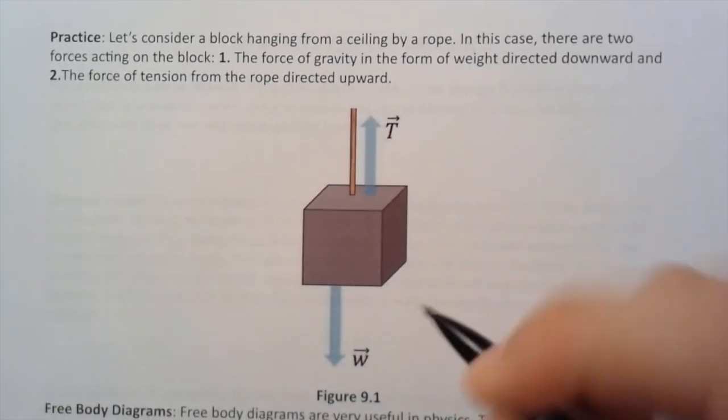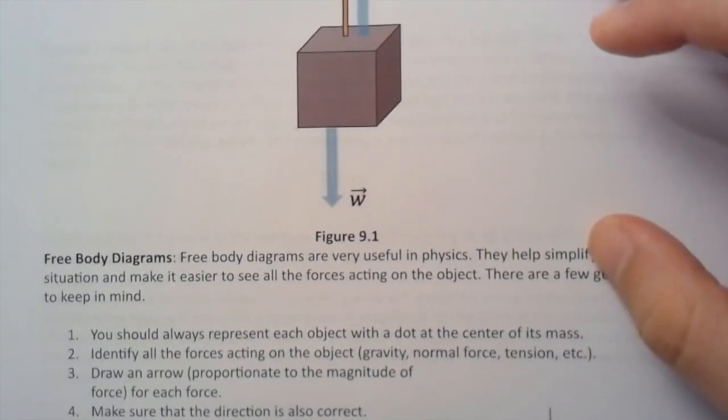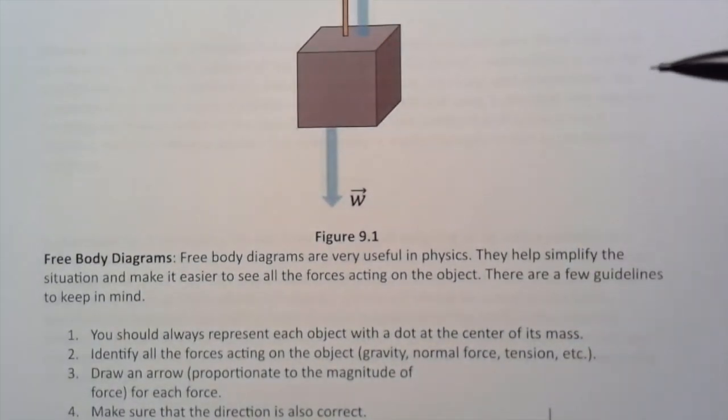And then this leads us to free body diagrams. A free body diagram is the convention that you use in physics to show all the forces acting on an object, how fast it's going, how slow it's going, what directions the forces are acting on it. And there's some guidelines to always remember. One of the best things to do is to simplify, because it can be really hard to keep up with all the forces acting on an object.